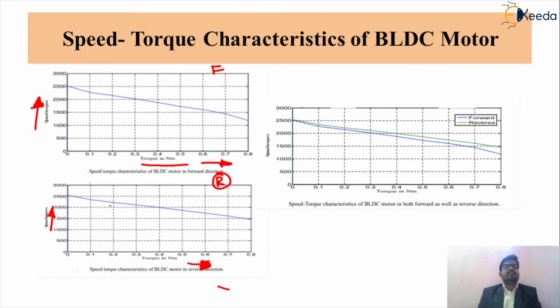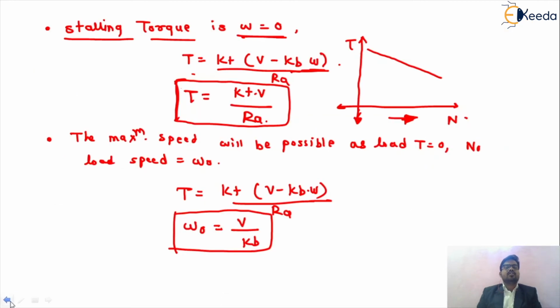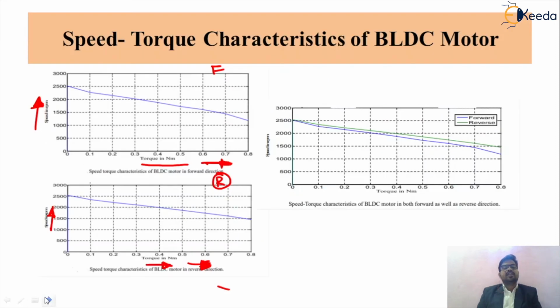While we increase the torque, the speed of the BLDC motor gets reduced. Similarly, while we increase the speed, the torque of the BLDC motor gets reduced. That is a very important concept of the BLDC motor, as we have discussed earlier, so we get such characteristics.